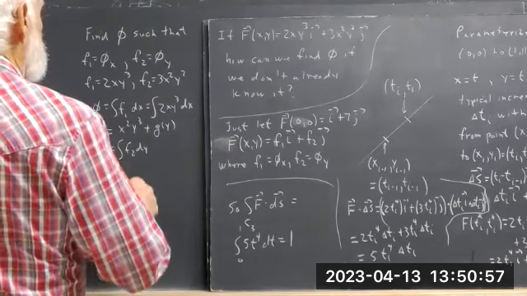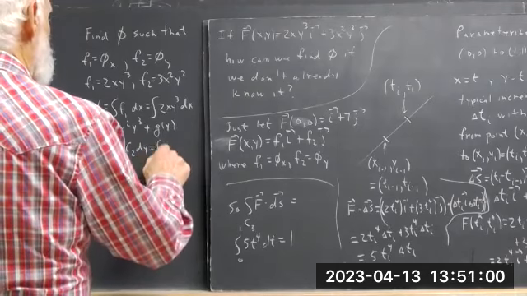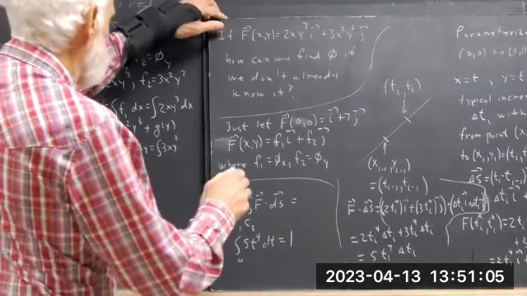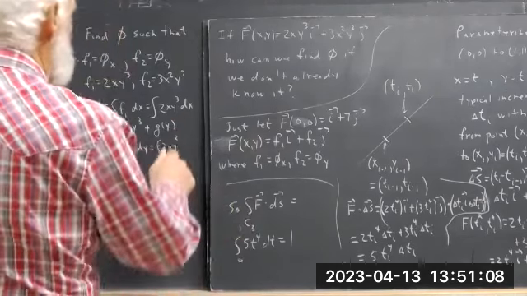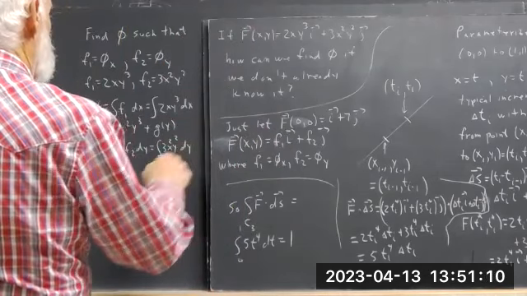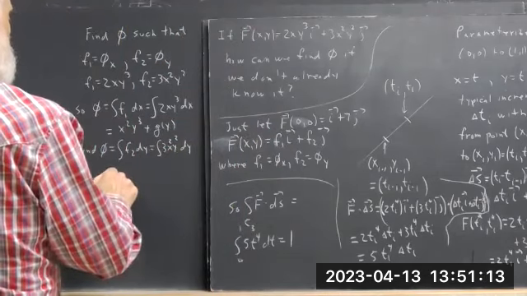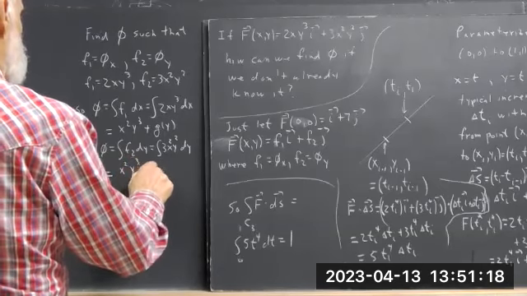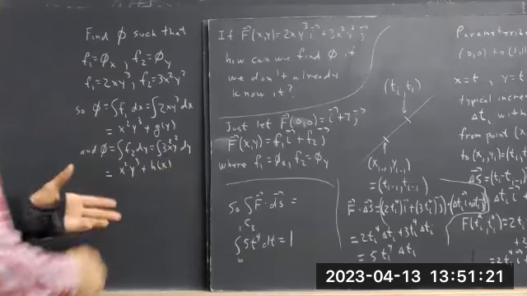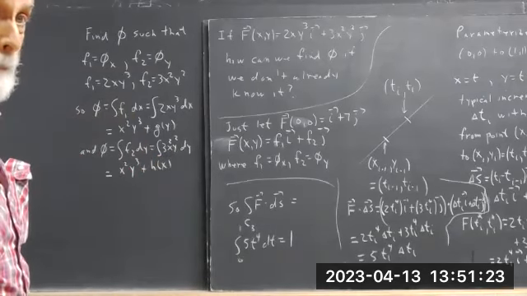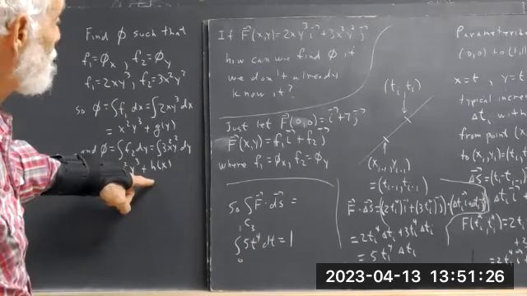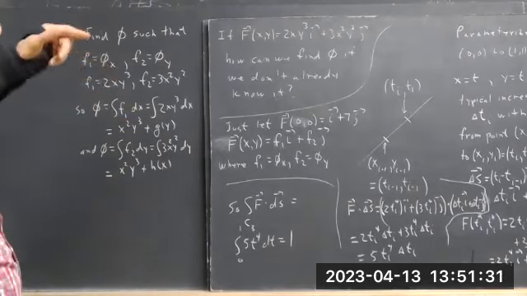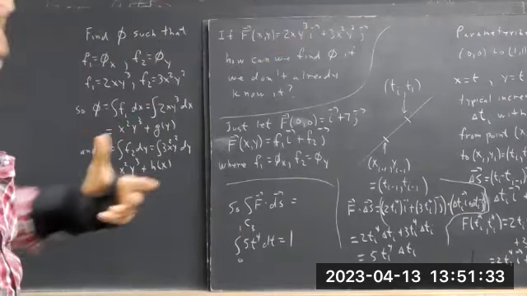So the integral of F2 dy is the integral of 3x squared y squared dy, which equals x squared y cubed plus h of x, because it has this function of x, right? You're going to need these functions most of the time. But in this case, we have only one term in our original phi.